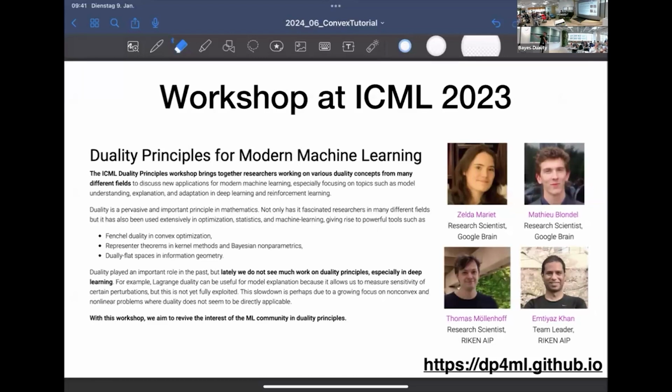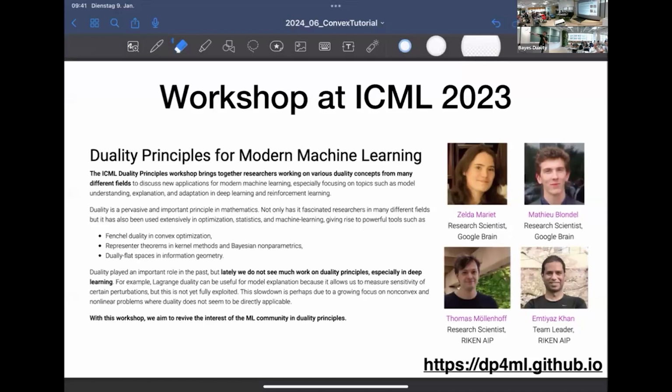So the idea of this workshop was to bring together researchers who work on various duality concepts from different fields, to see whether we can bring researchers together and advance this. And here we listed the currently used ones in machine learning.